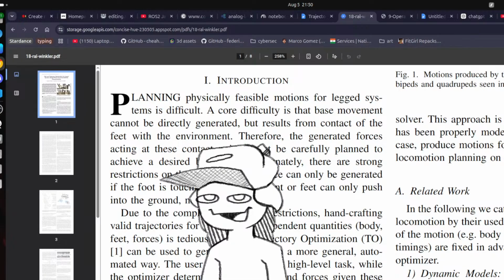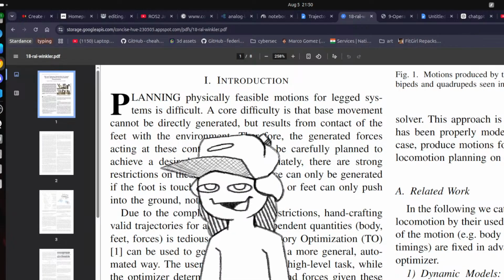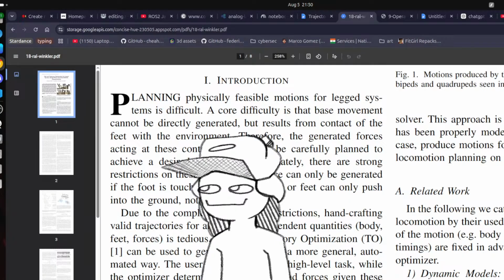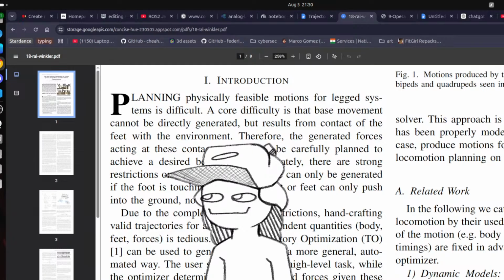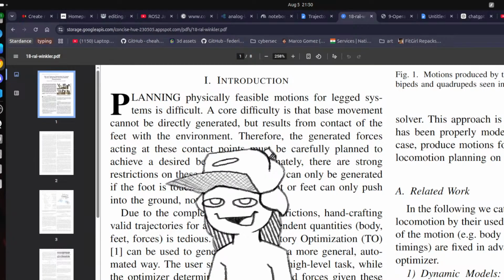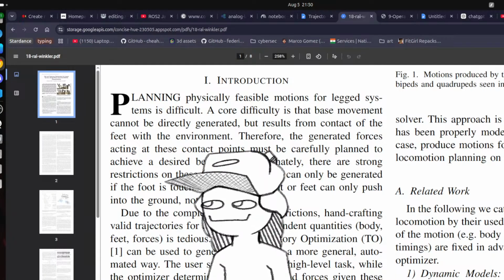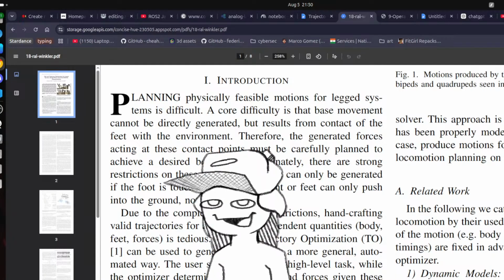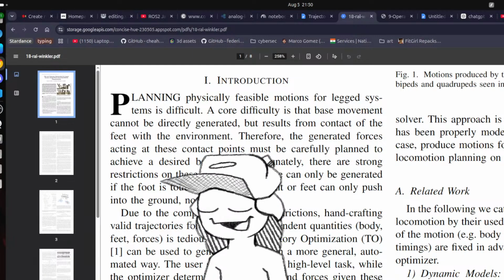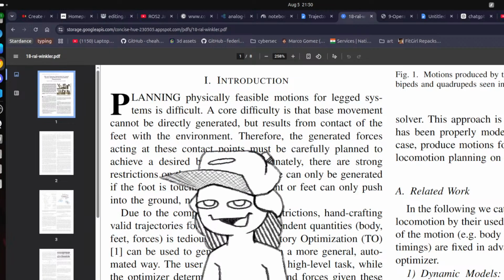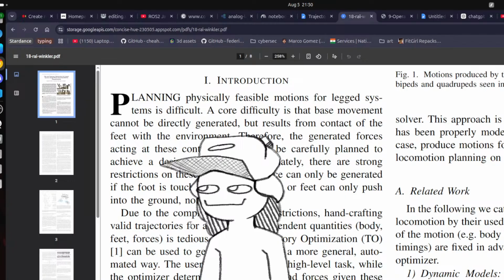One where they deliberately have to swing the leg with the help of motors, and then second phase, the contact phase, where they have to carefully plan given the contact force restrictions and essentially make each leg jump in a way using the contact forces with the ground.